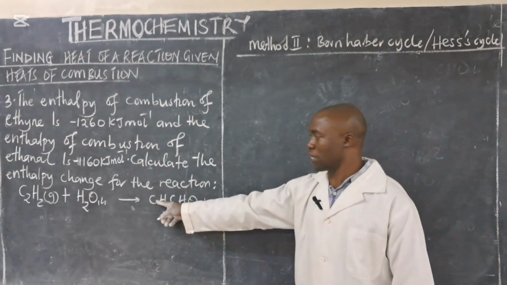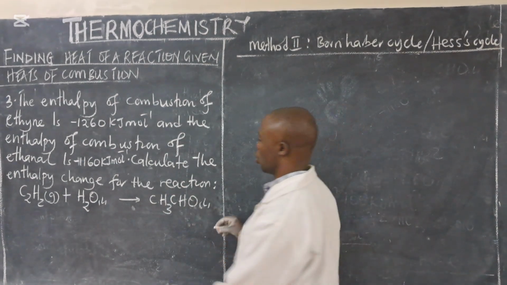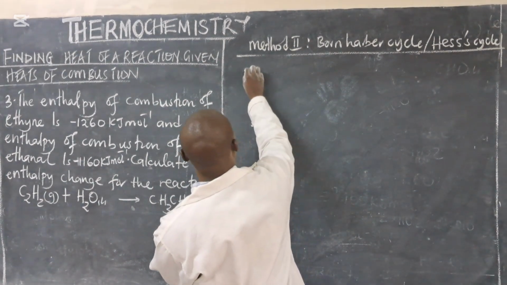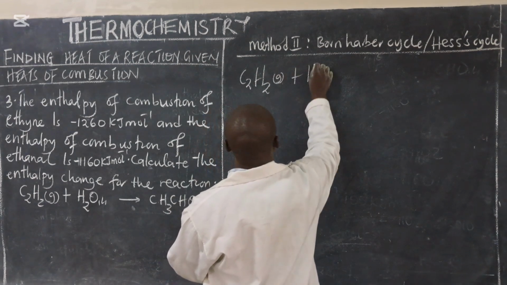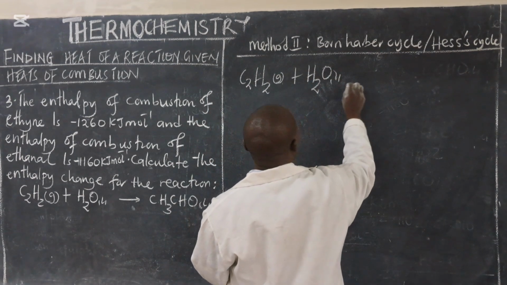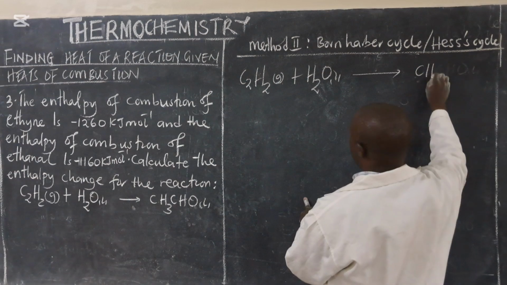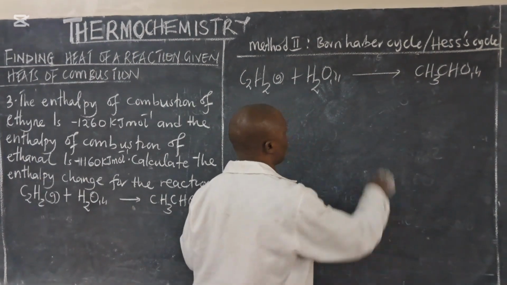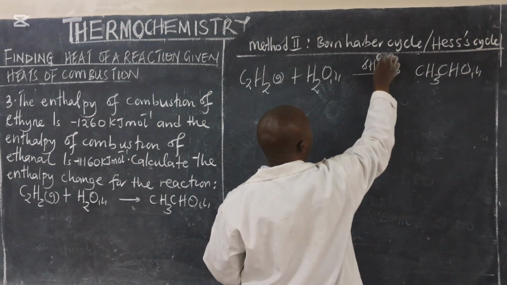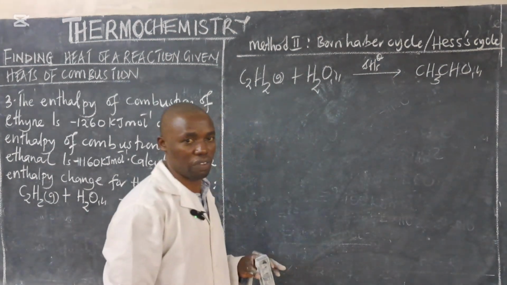So we just pick the required equation here. We have been given this one as what they require us to find. So this is ethane plus water giving us ethanol. So we are interested in looking for the enthalpy change for that reaction there.